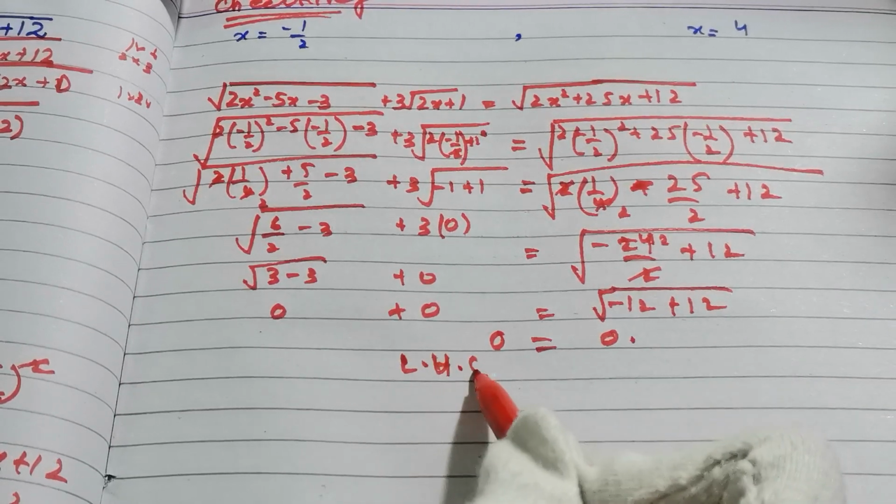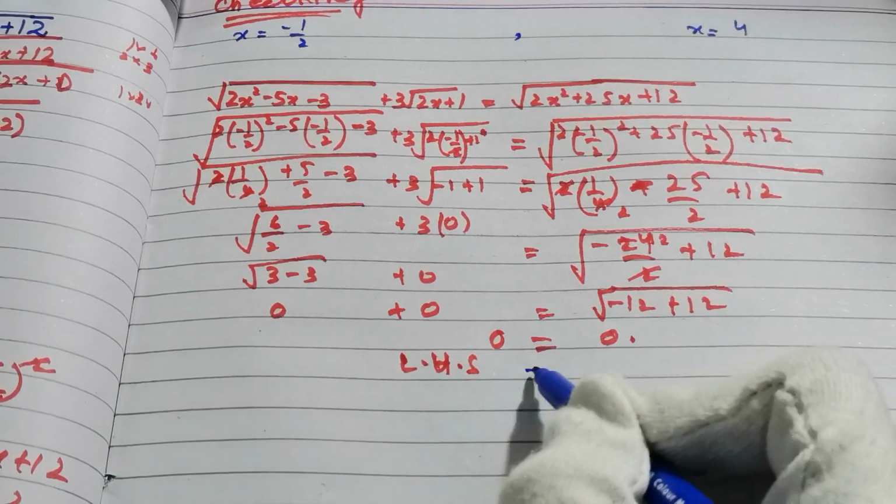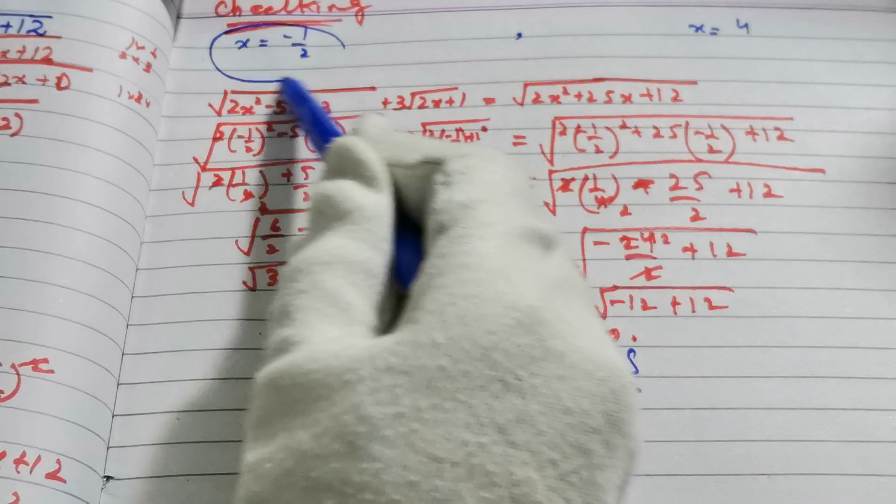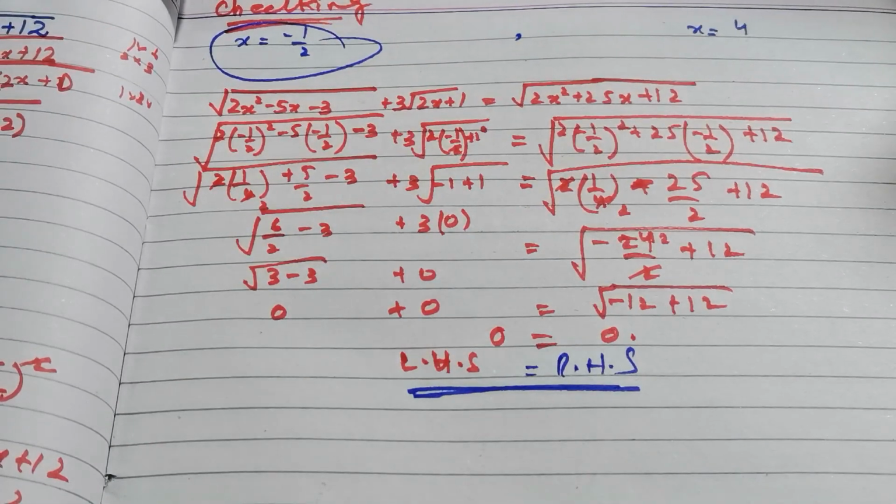Left hand side is equal to right hand side. It means x is equal to minus 1 by 2 is the root of given equation.